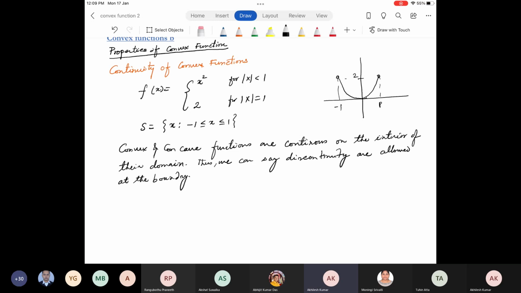Mathematically, if we present it, we say let S be a non-empty convex set in Rn and let f from S to R be convex.